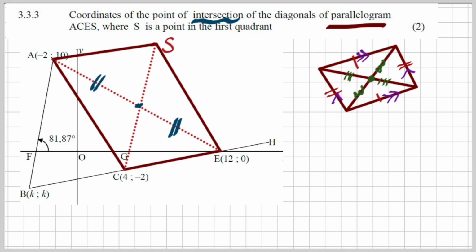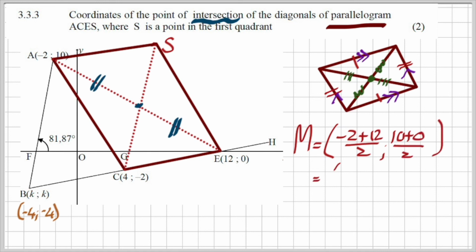That's all I'm looking for. So I'm going to go to my formula and find, let's call it M, the midpoint between A and E, using my midpoint formula. As simple and as easy as that.